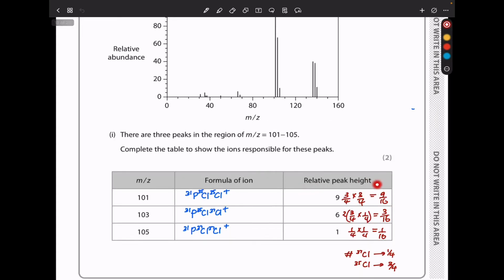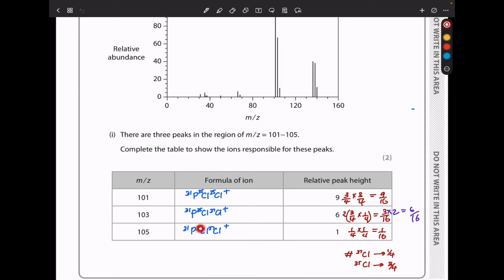And of course, the relative peak heights are going to be, in this case, the probability of having a 35 is going to be 3/4 times 3/4, giving me 9/16. So this is going to be 9 if you're talking about the ratio. This is going to be 3/4 for 35 times 1/4 for 37, but this is going to be twice. So this is going to give me 6/16.